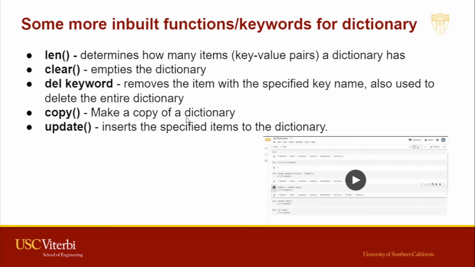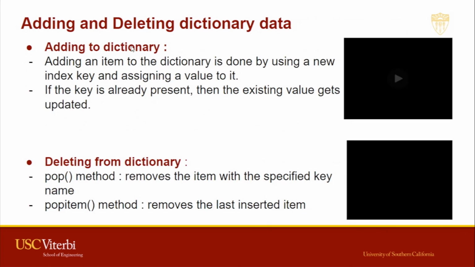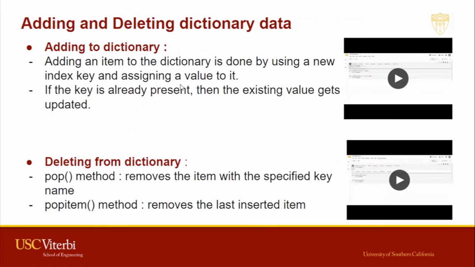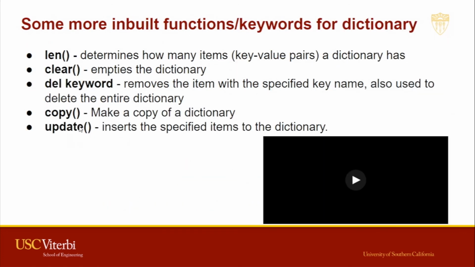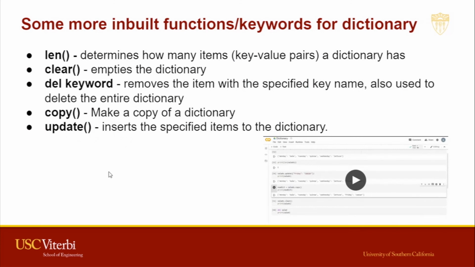Now, copy is used to make a copy of the dictionary, and update is also used to insert specified items to the dictionary. It can be seen as another way of adding items to the dictionary. We have already seen how it is done, but here's another inbuilt method called update, which can do the same thing.